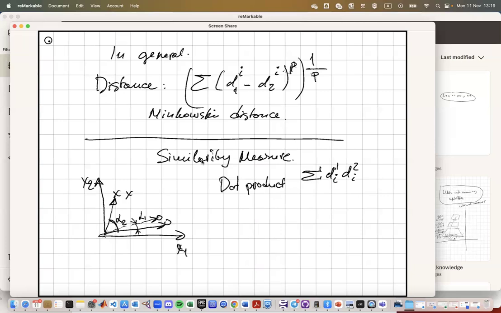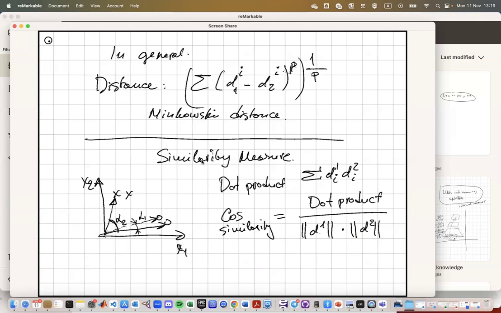Connected to this measure is the cosine similarity, which is basically the dot product divided by the product of the norms of the vectors, norm of d1 multiplied by norm of d2.